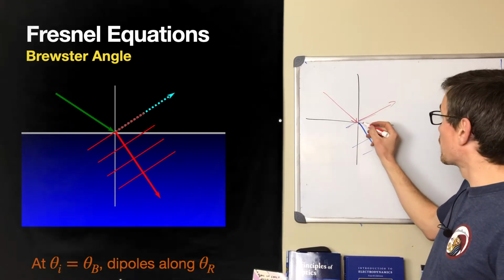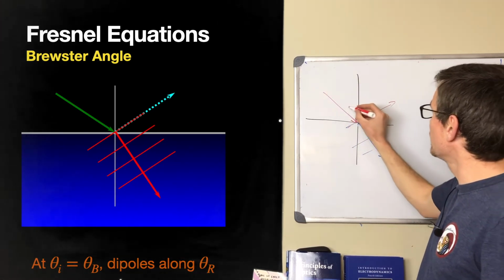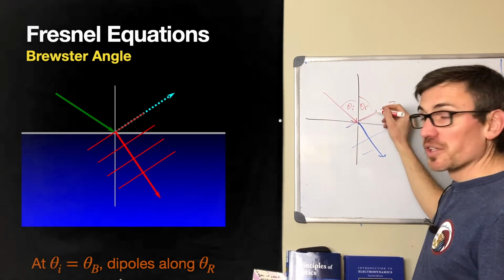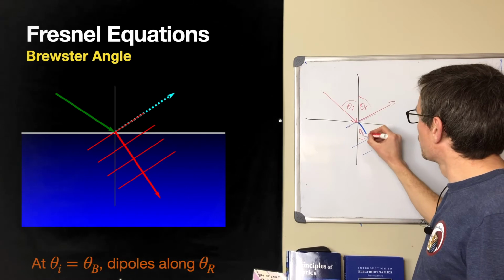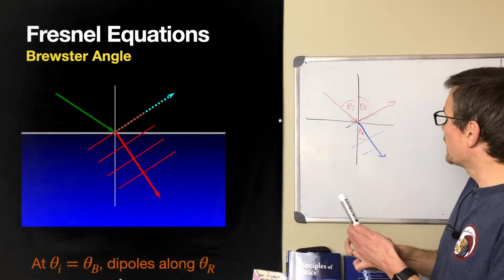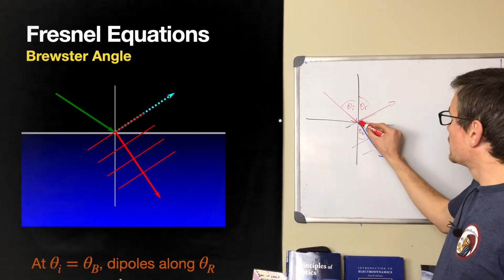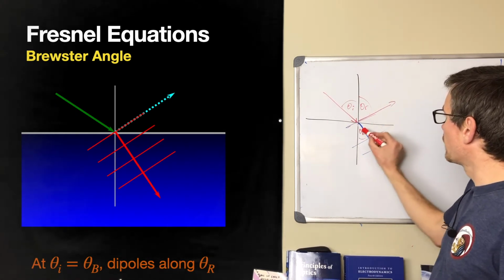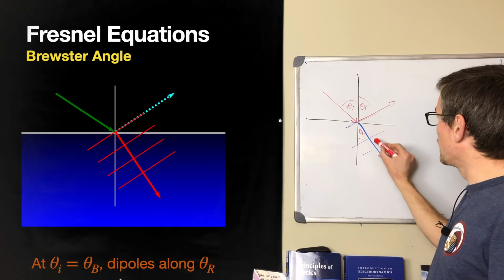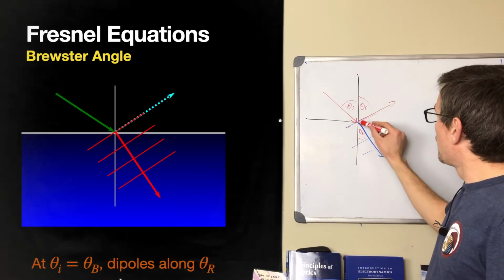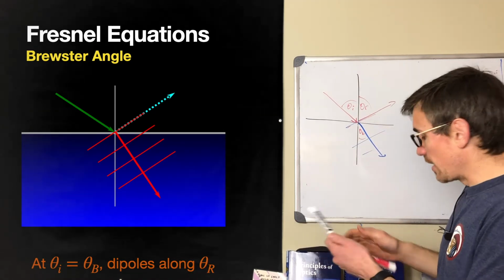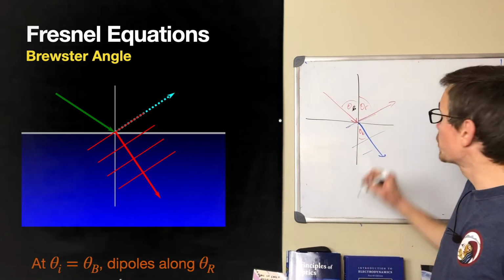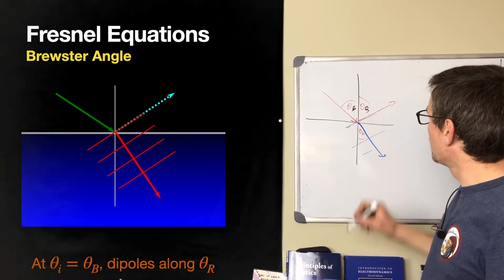That's supposedly creating this reflected field. So we have our incident angle, our reflected angle, which is equal to the incident angle, and our transmitted angle. And for that particular case, where these atoms are wiggling in such a way that the dipoles are directly wiggling along this reflected field in creating this transmitted field, then we will call that Brewster's angle. So this is theta b. And for the law of reflection, that's also theta b here.